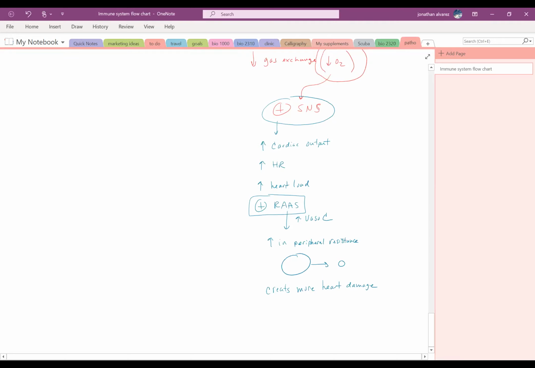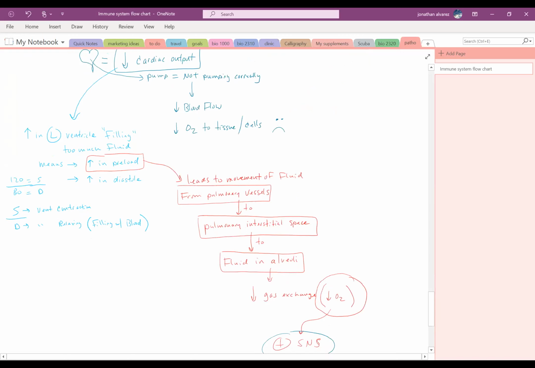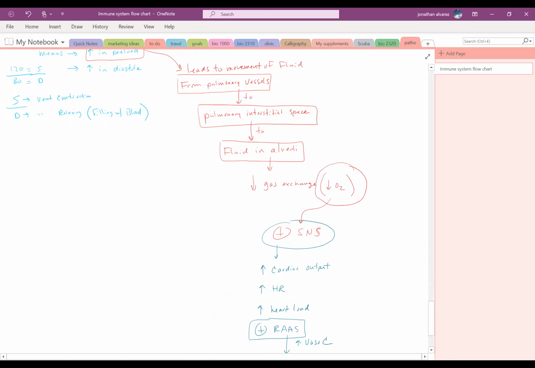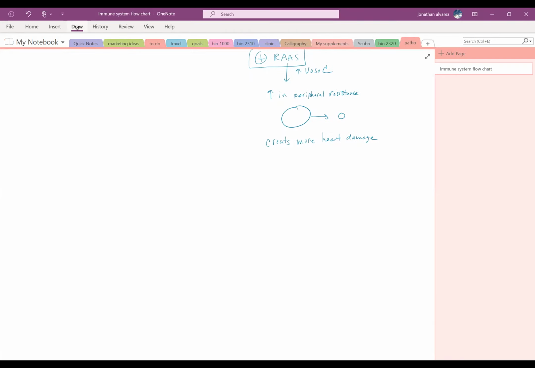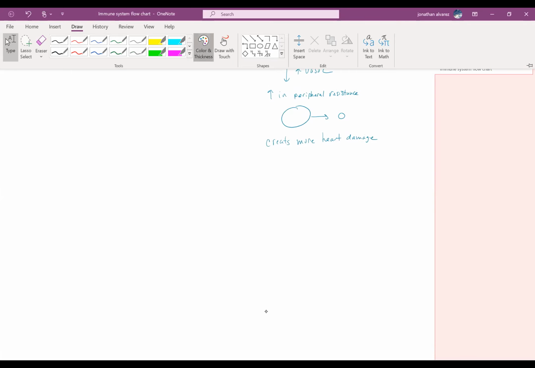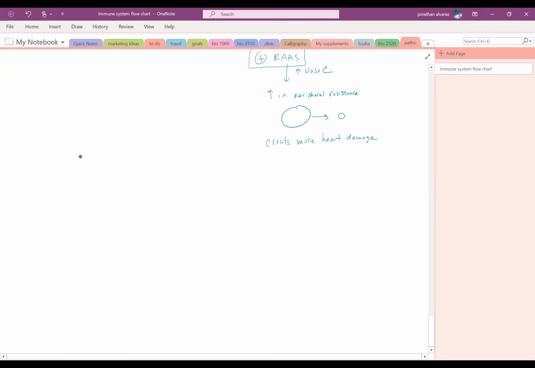Okay, so some other things that are going to come with cardiogenic shock. So, signs and symptoms of all this.